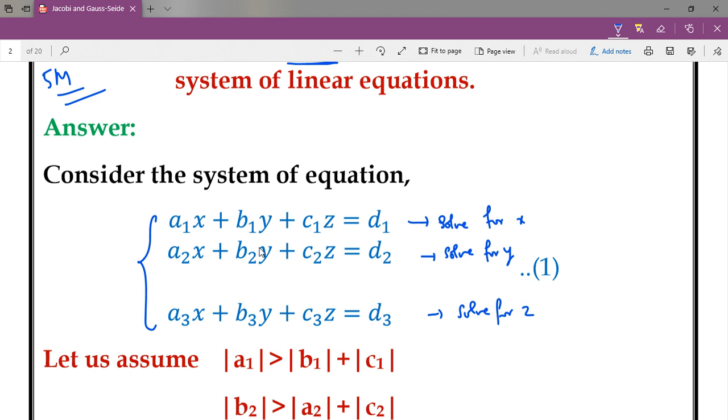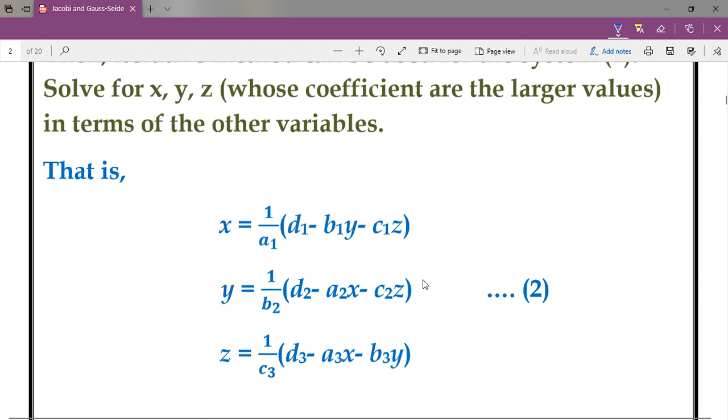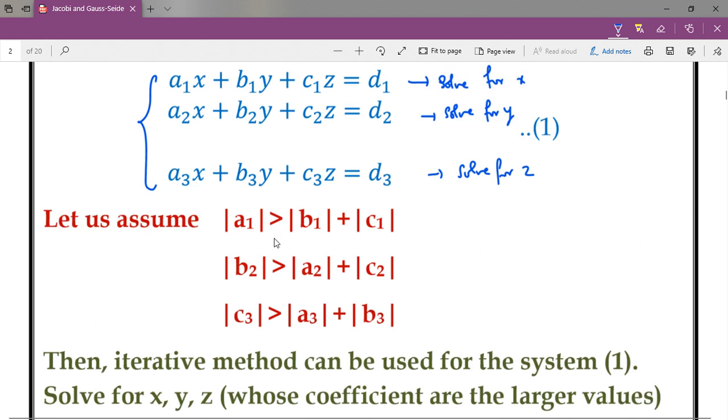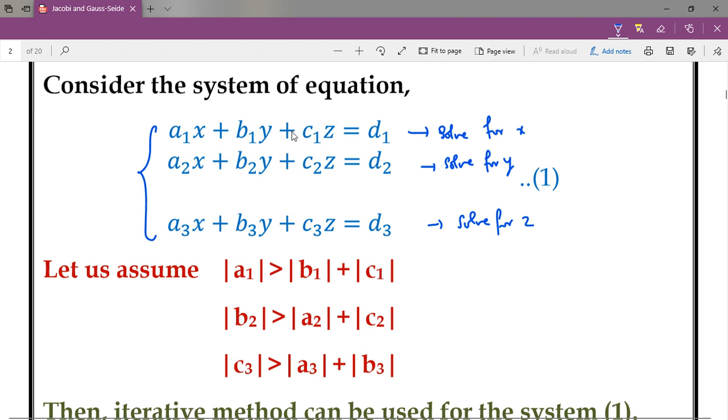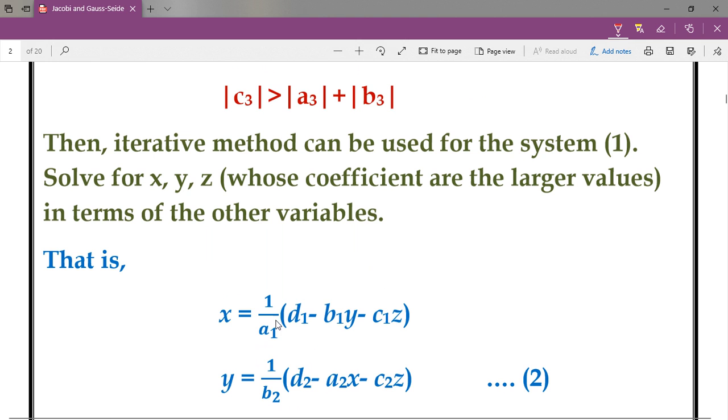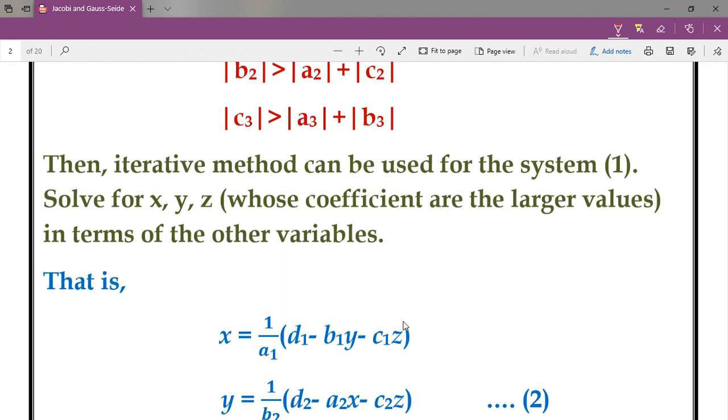Solving the first equation for x, we get x equals d1 minus b1y minus c1z, divided by a1. That is, x equals 1 by a1 into d1 minus b1y minus c1z.